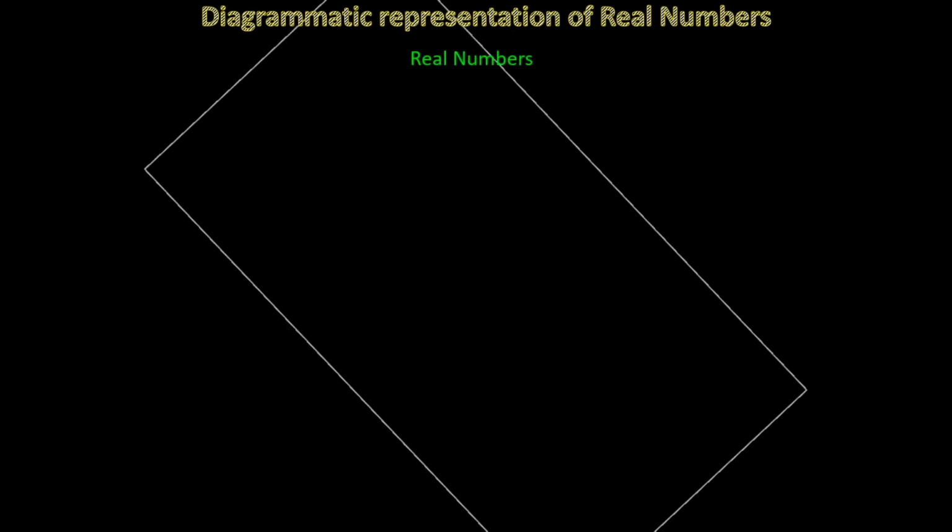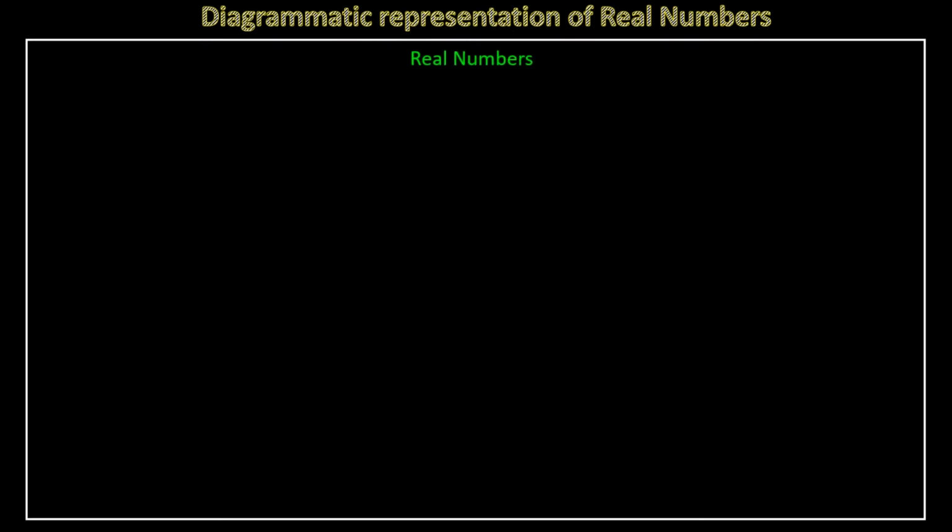This is the diagrammatic representation of real numbers. This is the most important part, so that you can see in the figure how the real numbers can be represented in a diagram. So real numbers, I have enclosed inside a rectangle.